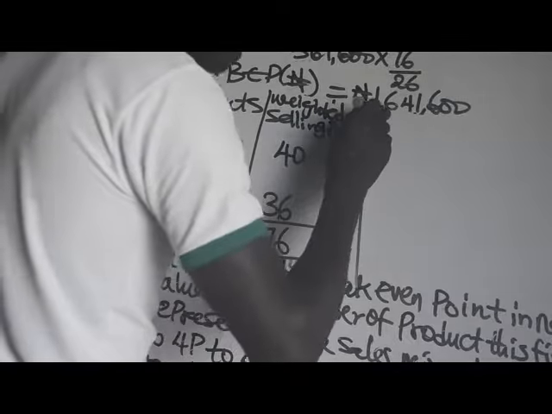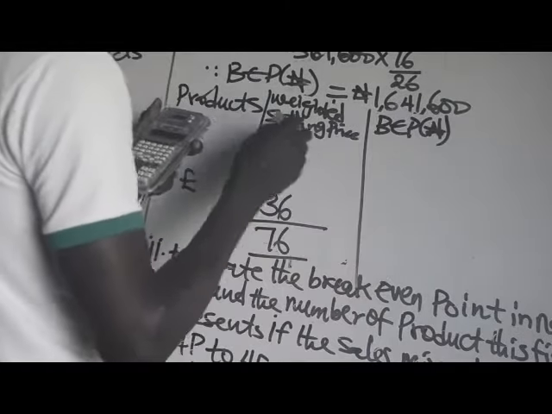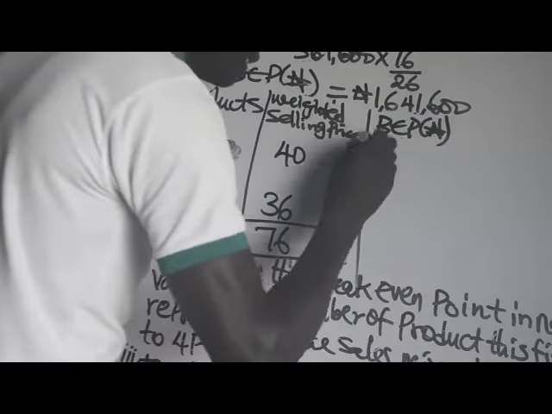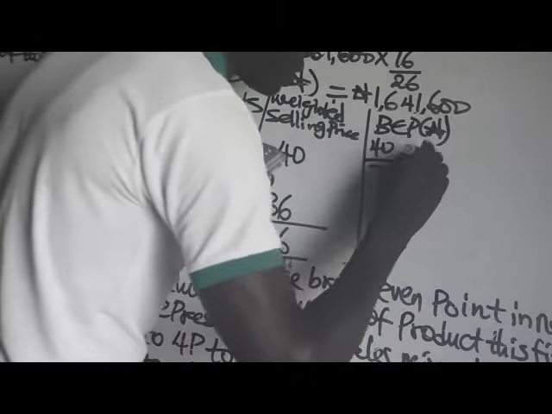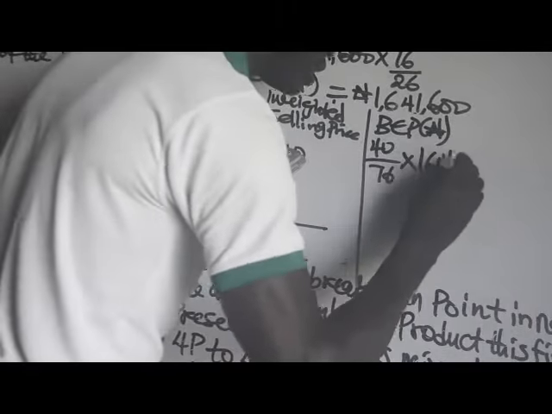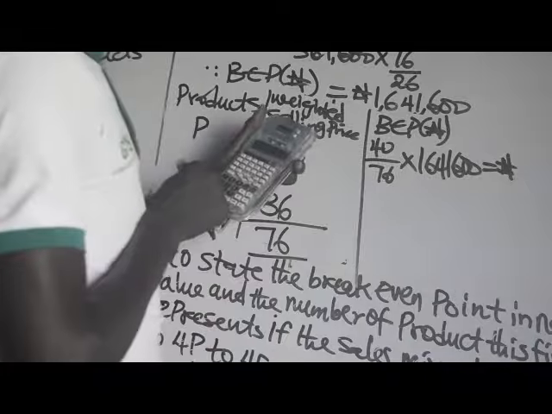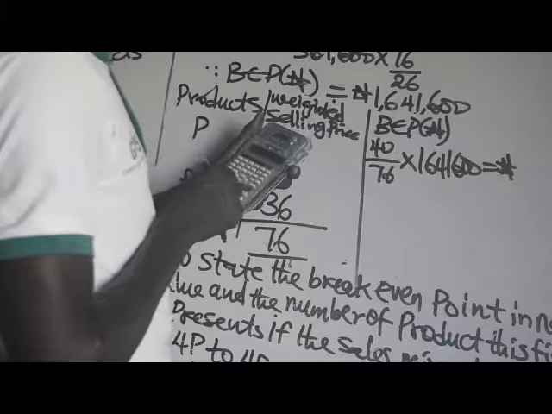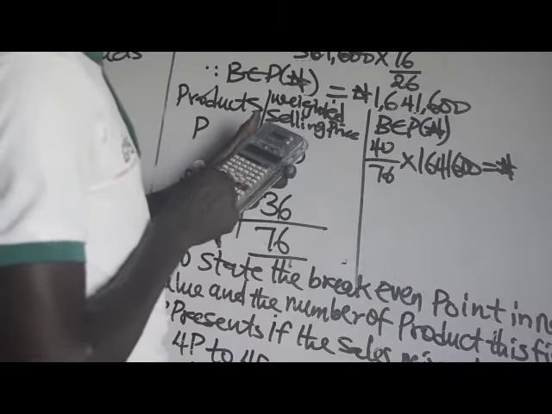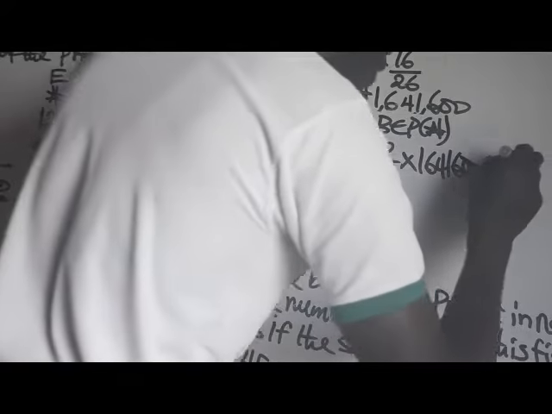For BEP Naira now, for product P, we have 40 over 76 times 1,641,600. That is 1,641,600 times 40 divided by 76, which gives us 864,000 Naira.